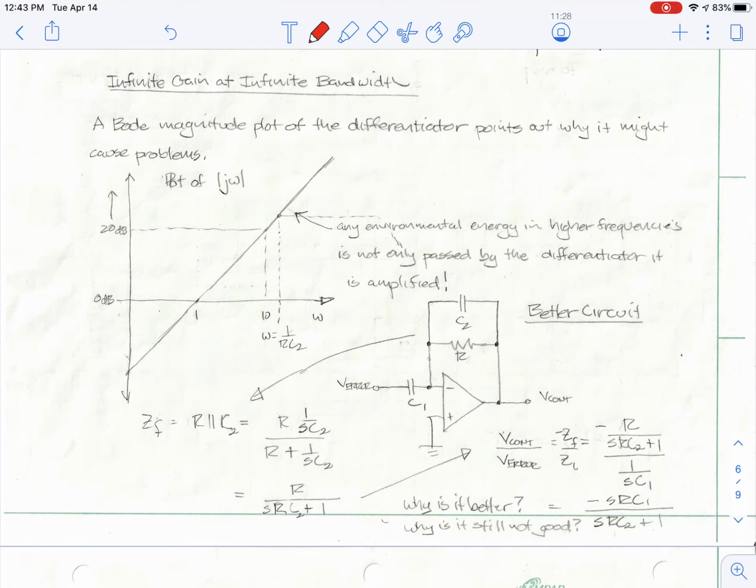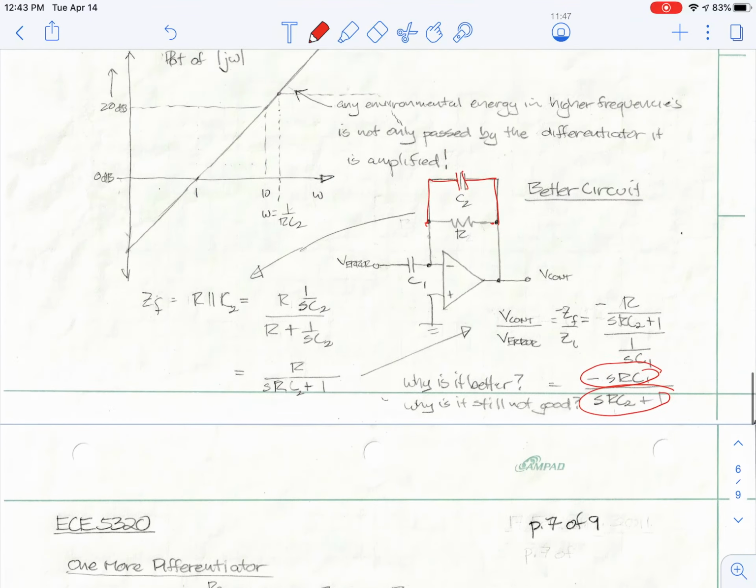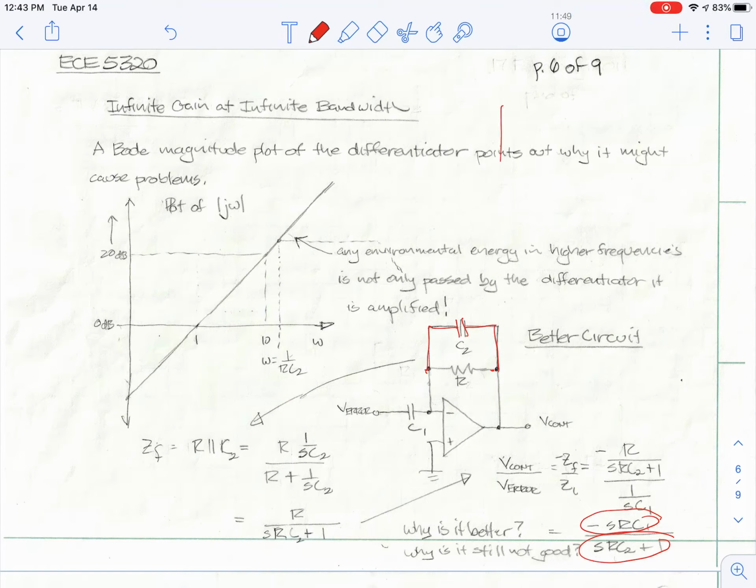But as a better circuit, I can put another capacitor around this device, and what I get is I still get an integrator, but then I knock the integrator down. So the Bode plot of this system will look like this. The integrator or differentiator will look like this. Then I get to where that pole is, and I just flatten out.